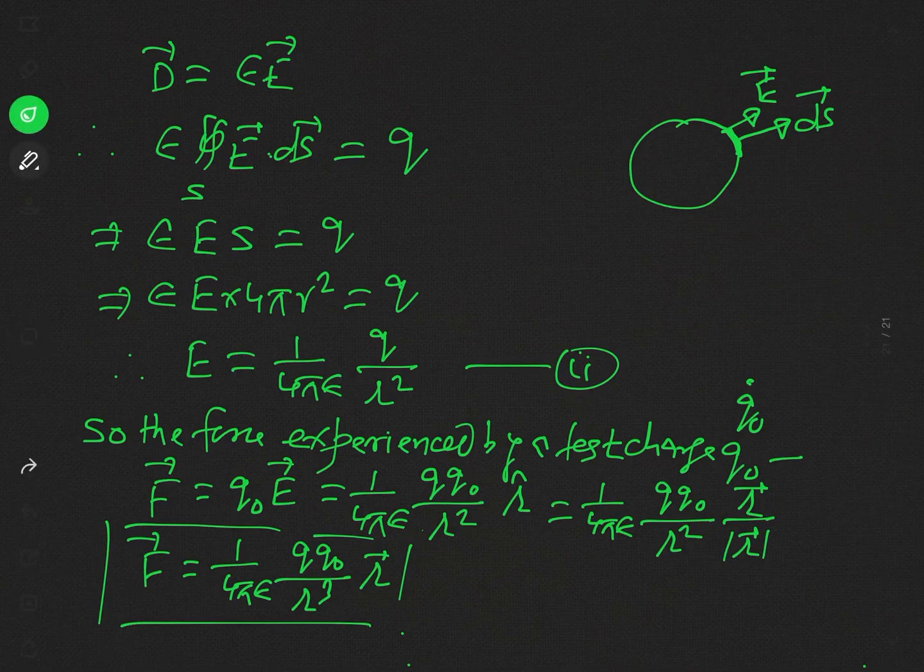Now we will solve the second part of this problem, in which we have to find the equation of continuity starting from Maxwell's equation. So actually you can derive this equation of continuity starting from Maxwell's fourth equation. So Maxwell's fourth equation is what?